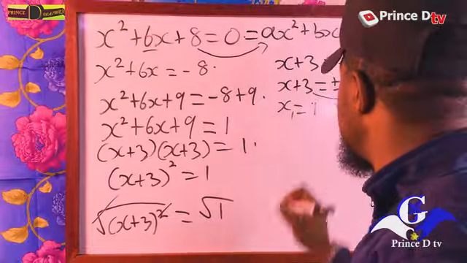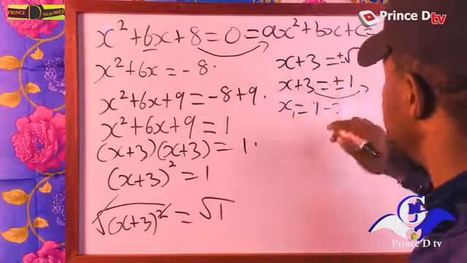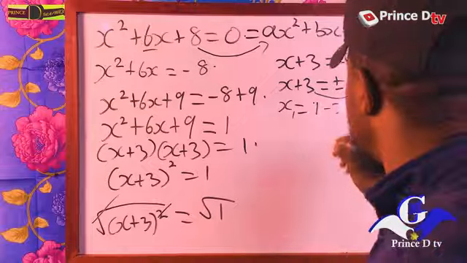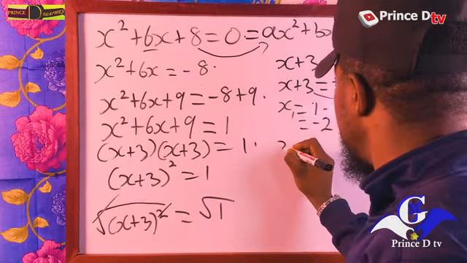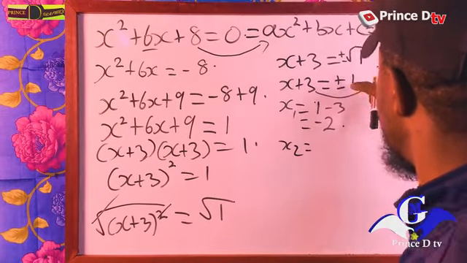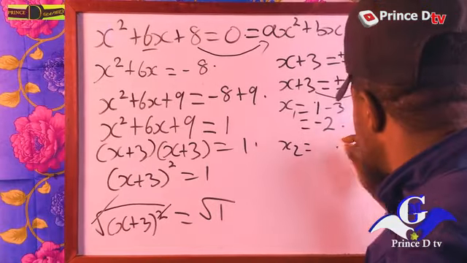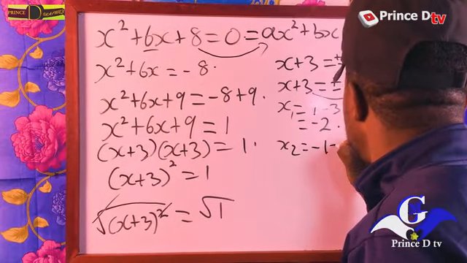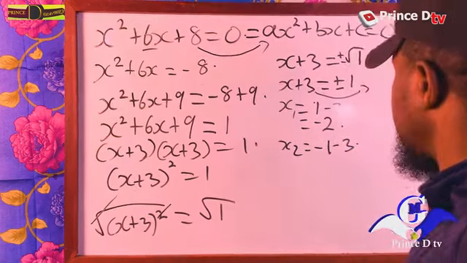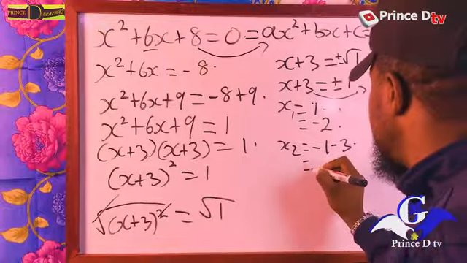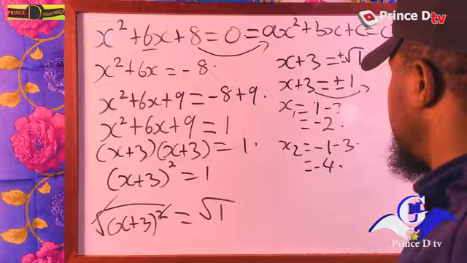So this is the first value, x1. We take the positive side. Remember, 3 becomes negative, and 1 minus 3 is minus 2. And x2, we take the negative part. So negative 1 minus 3, and that is negative 4.